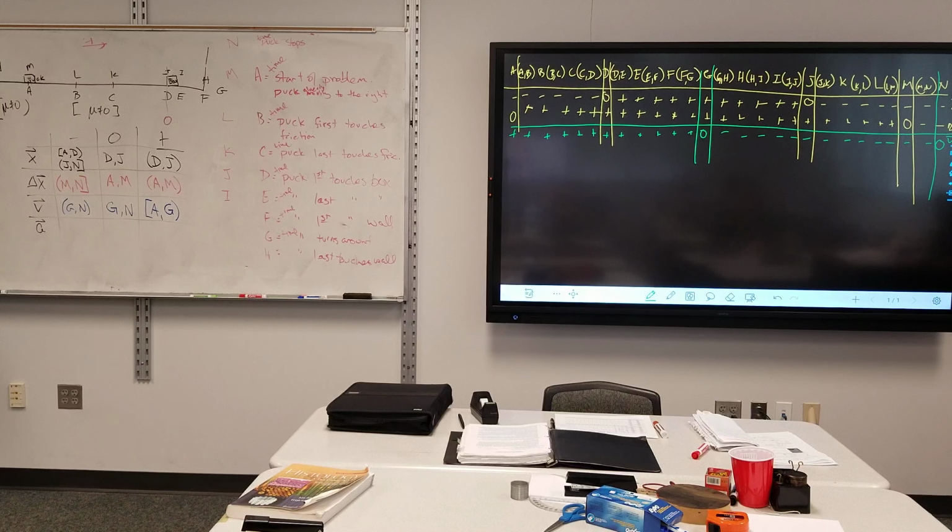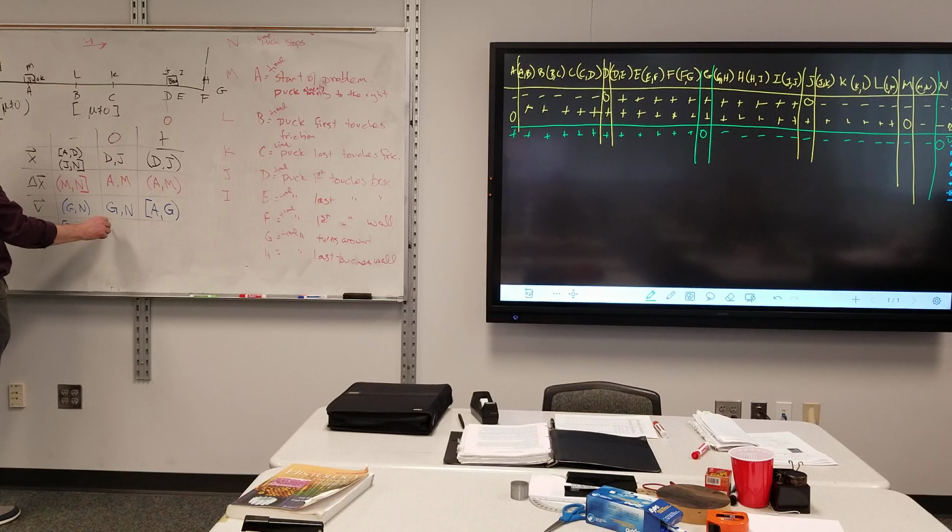All right, so from B to C, is this positive acceleration or negative acceleration? Negative. What about from A to B? Zero. Zero is constant. The velocity is constant, so it is zero along here. There's nothing slowing it down or speeding it up.